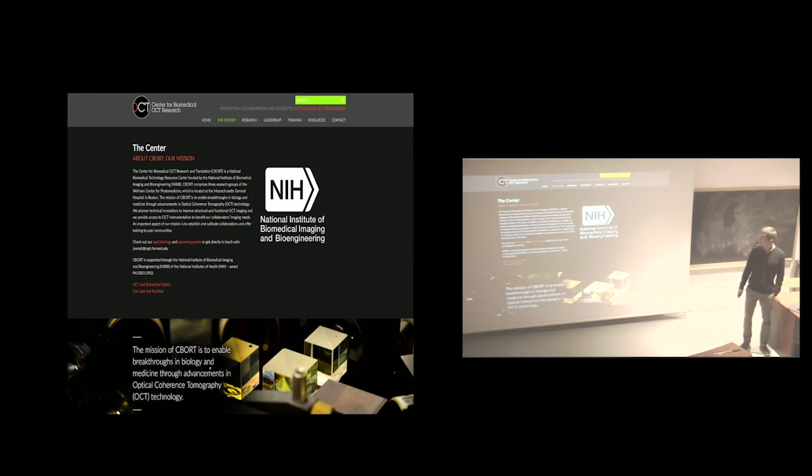That's an NIH-funded National Biomedical Technology Research Center. The mission of CBORD is to enable breakthroughs in biology and medicine through advancement in OCT technology. We often team up with external collaborators, biologists or medical doctors, that pose a specific technical challenge that we try to solve with technical development, to help solve their medical problem.